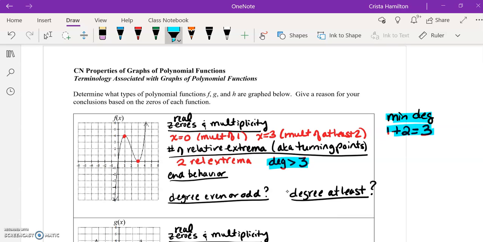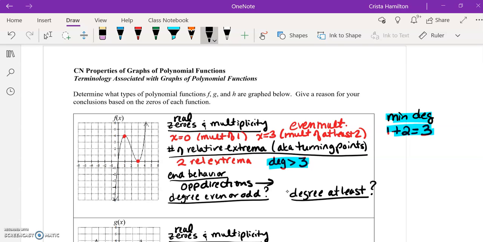And this multiplicity of at least 2, what you really know about that is that it is an even multiplicity. It could actually be a multiplicity of 4. We just don't know. We're just saying that it's at least 2 because of the behavior of it. We also take a look at our end behavior, and we see that the end behavior is going in opposite directions.